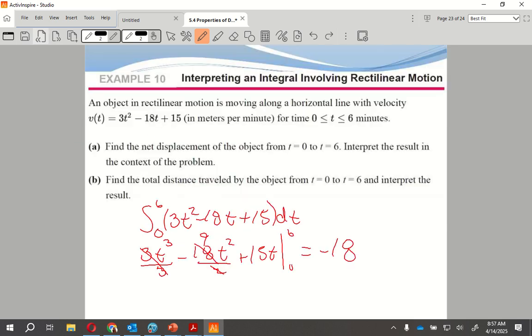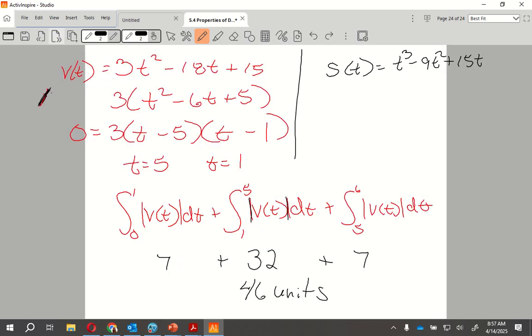And what was my units on this one anyway? Oh, meters per minute. So this is in meters. So my total distance traveled is 46 meters.